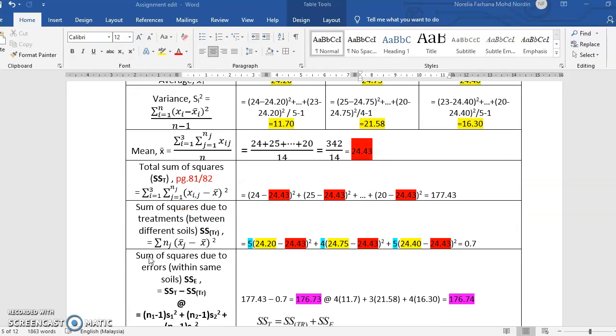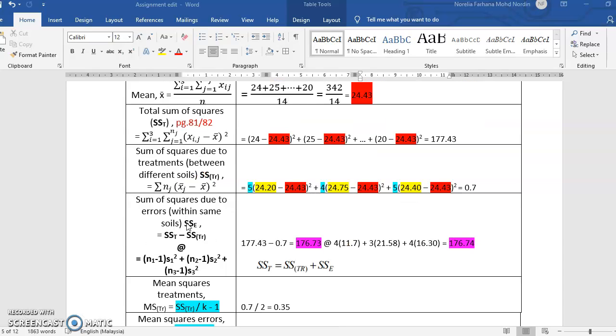The next step, we calculate the sum of squares due to error, within the same soil, within the same group, denoted as SSE. For sum of squares error, we have two formulas. Use either one, we can get the same answer.